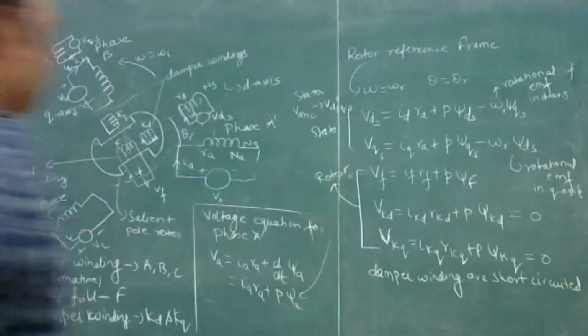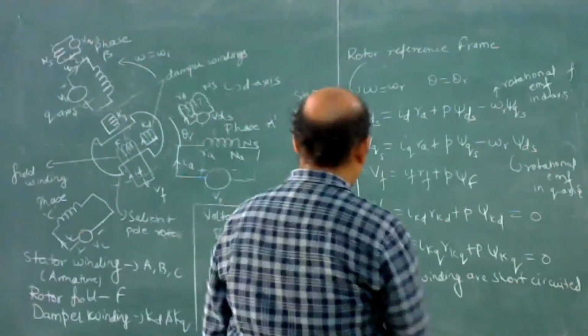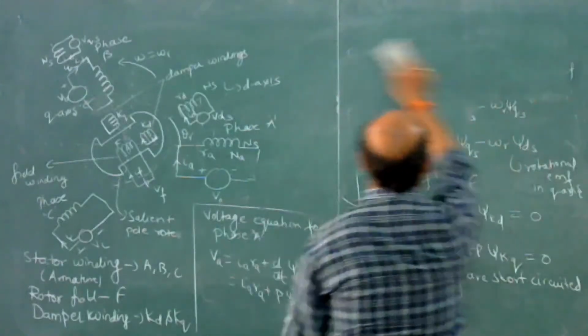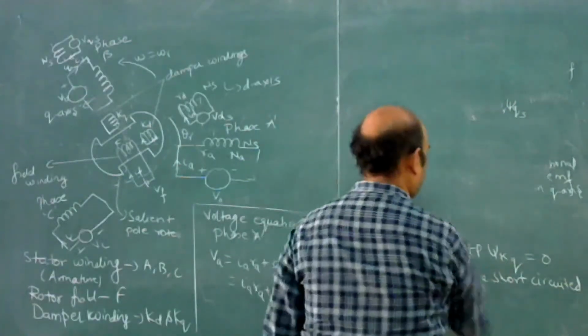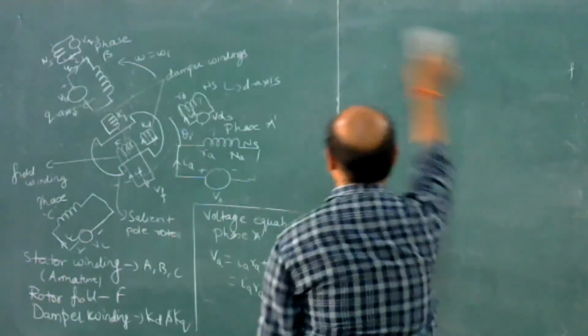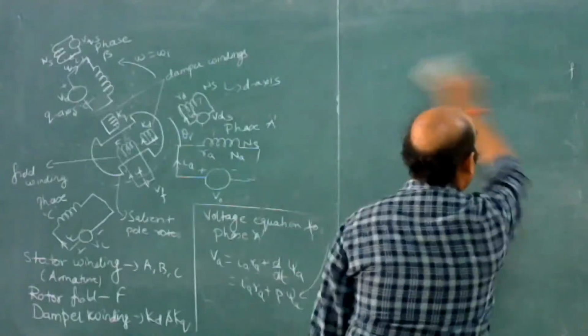So now we deal with this. First, we solve this field winding voltage equation. Then we will solve for VD and VQ.